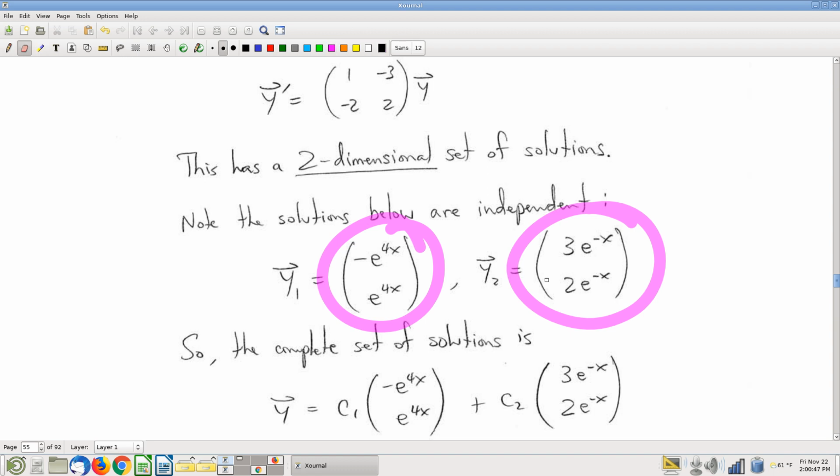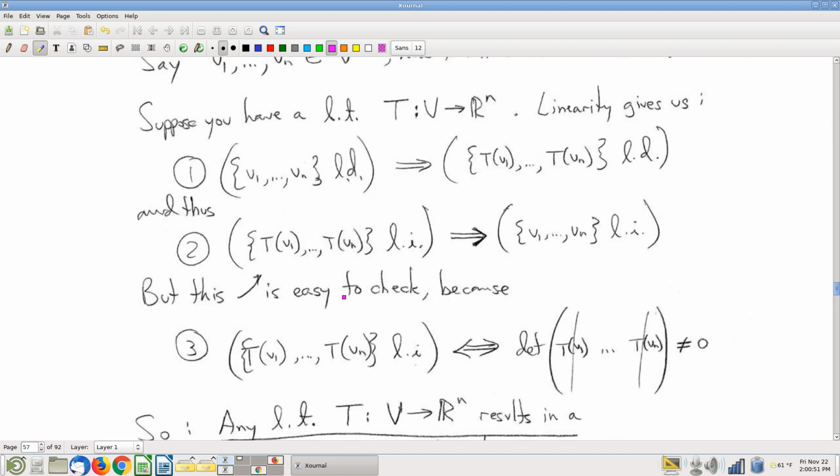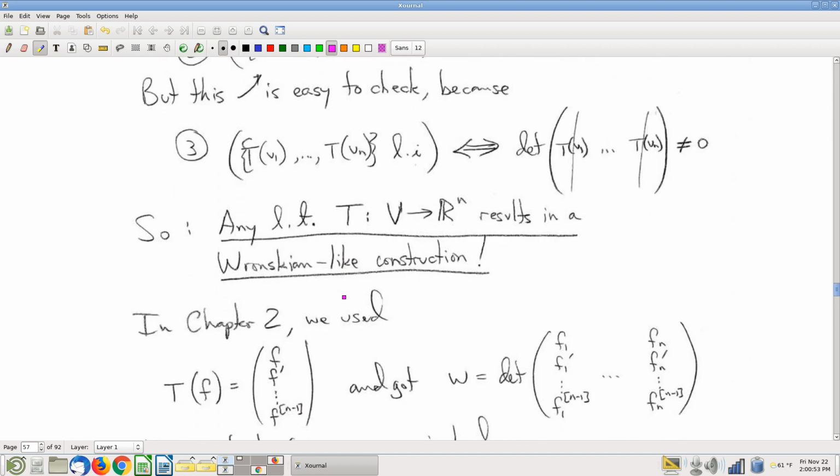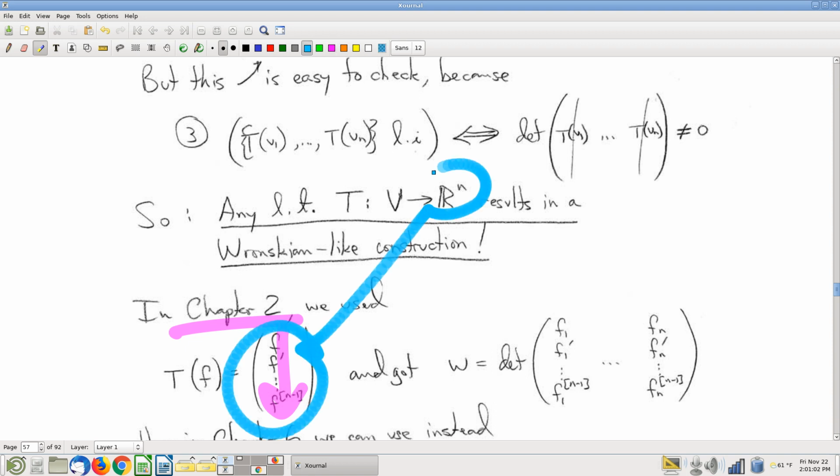Okay. But let's look at this now from the point of view of this approach that we're taking here, which is, why in Chapter 2 did we take all these derivatives? Well, we took all of those derivatives because we needed to make a vector-valued linear transformation. We just needed it to be vector-valued. And the f that we started with wasn't vector-valued, so I'm going to have to do something that makes a vector. Thus, giving us this construction here.